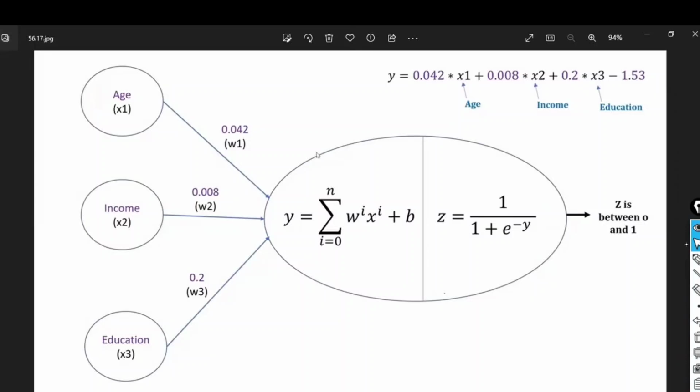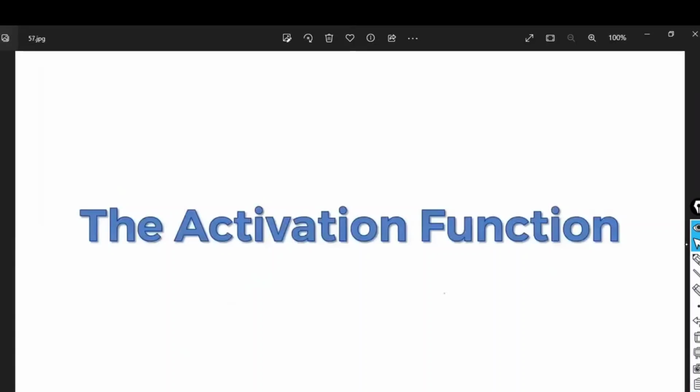So now whatever the weights are, you are going to multiply them with that value, take sigma wi xi plus b, and send it into the activation function, and it is going to give the output. Now, what are the different types of activation functions?